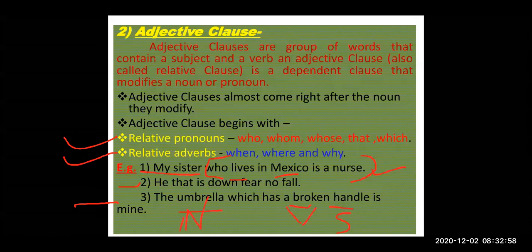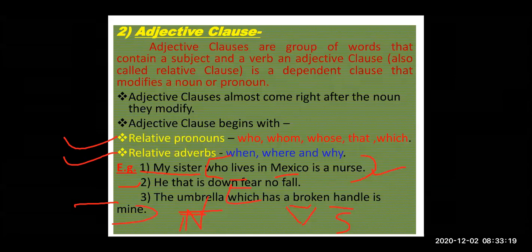So which is your what? Relative pronoun. So "which has a broken handle is mine" is your adjective clause which modifies the noun umbrella.